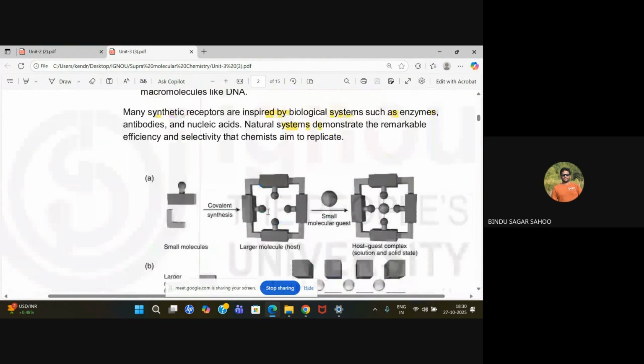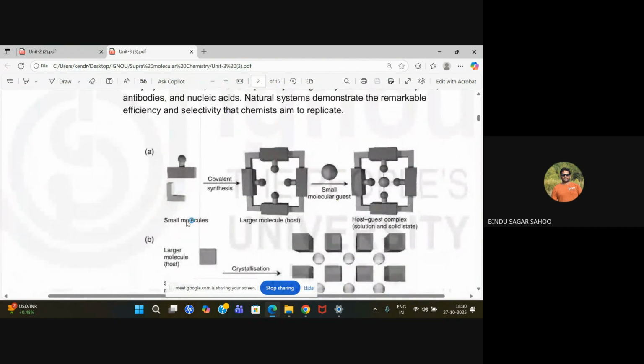You can see here initially there are small molecules. They can undergo a synthetic process and form a cyclic host like that. During the formation of the host, the small units can bind themselves through covalent bonding. There will be no issue. But the host-guest interaction will always be non-covalent interactions.